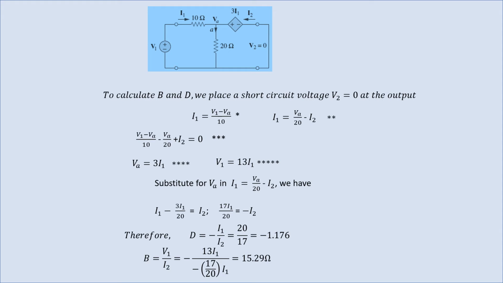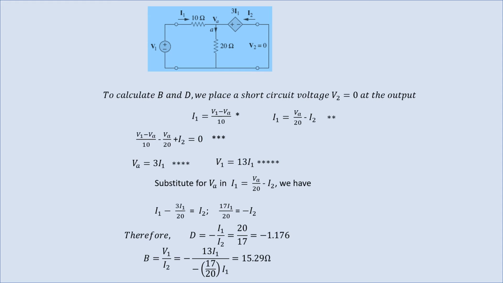And when we do that, we can then begin to solve for our B and D. But note that to calculate our I1, to make things easy for us, we use nodal analysis to get our I1.